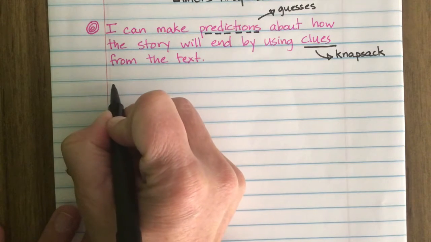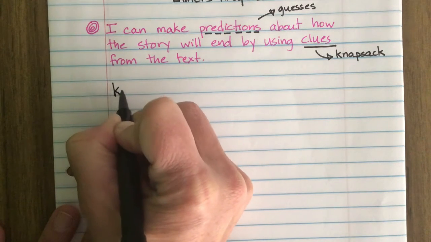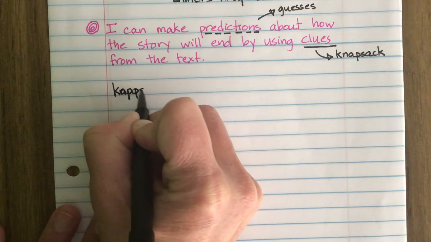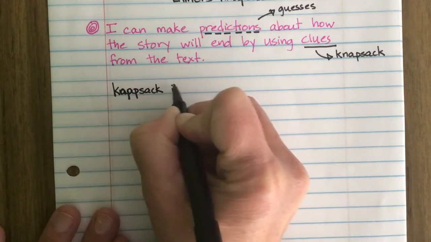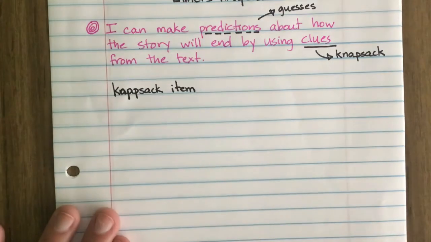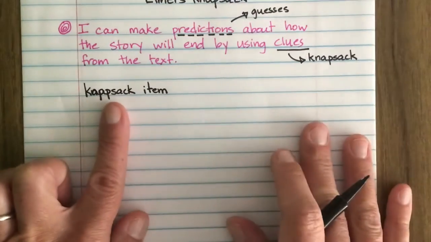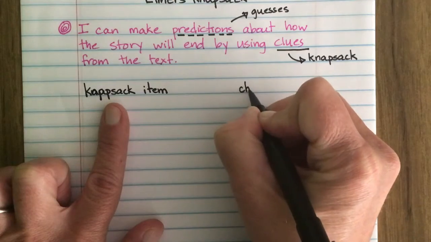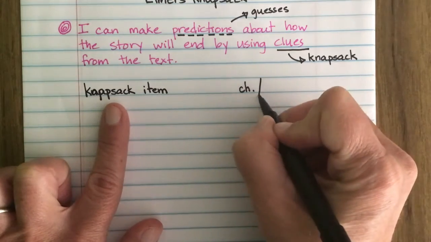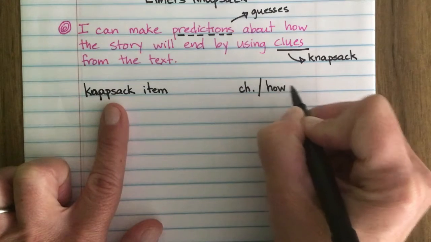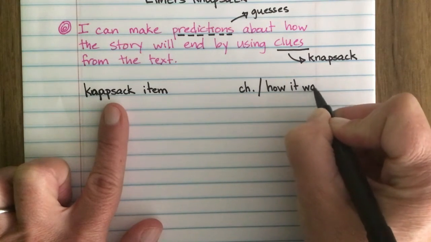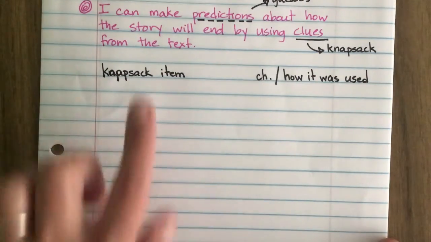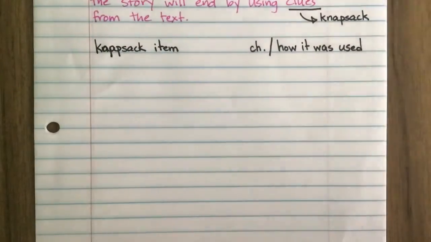On the left side, you're going to say knapsack item. And then on the other side, you're going to put the abbreviation for chapter and say how it was used.